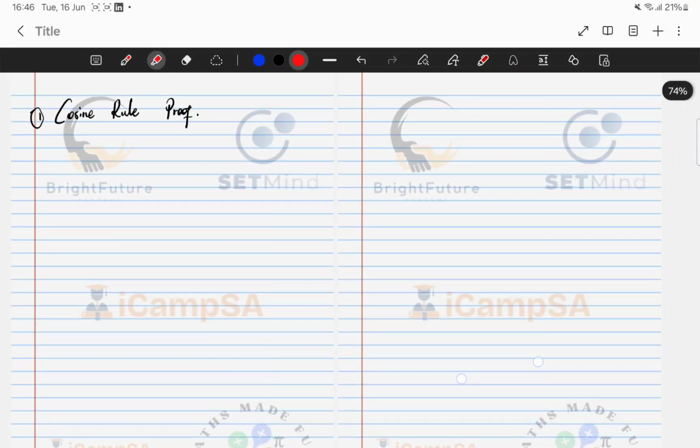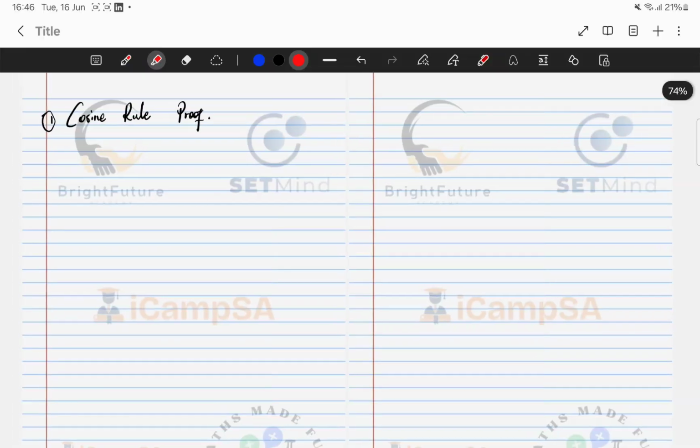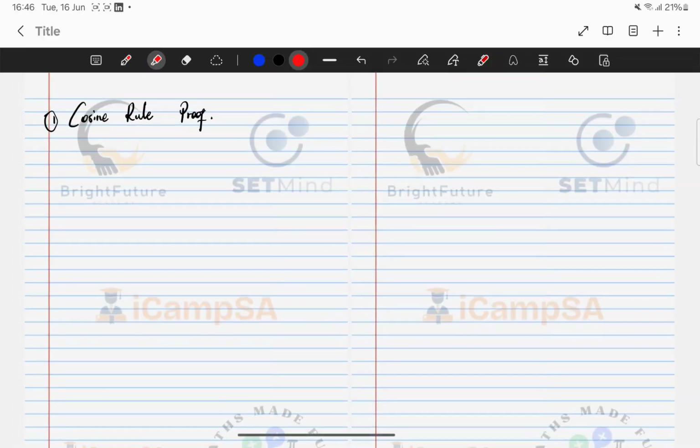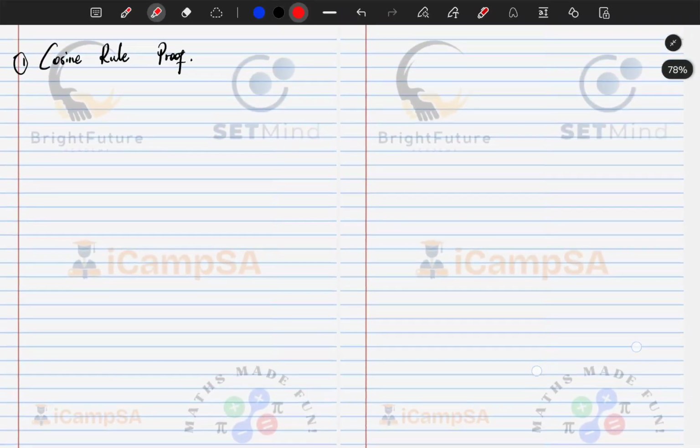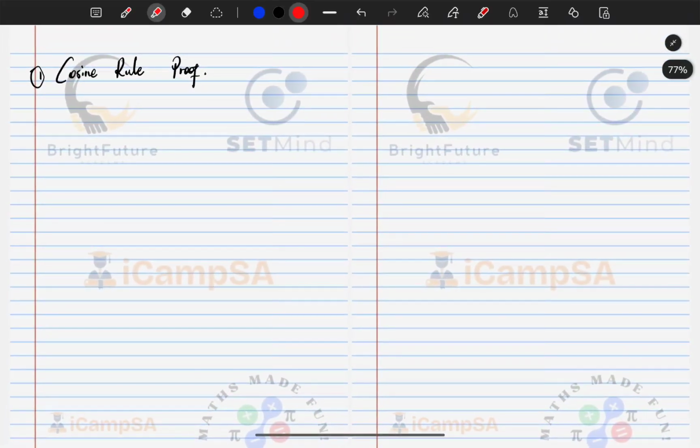So today we'll be covering your cosine rule proof, right? We'll be covering two cases of cosine rule proofs, the first being your acute-angled triangle proof, and then your obtuse-angled triangle proof, right?